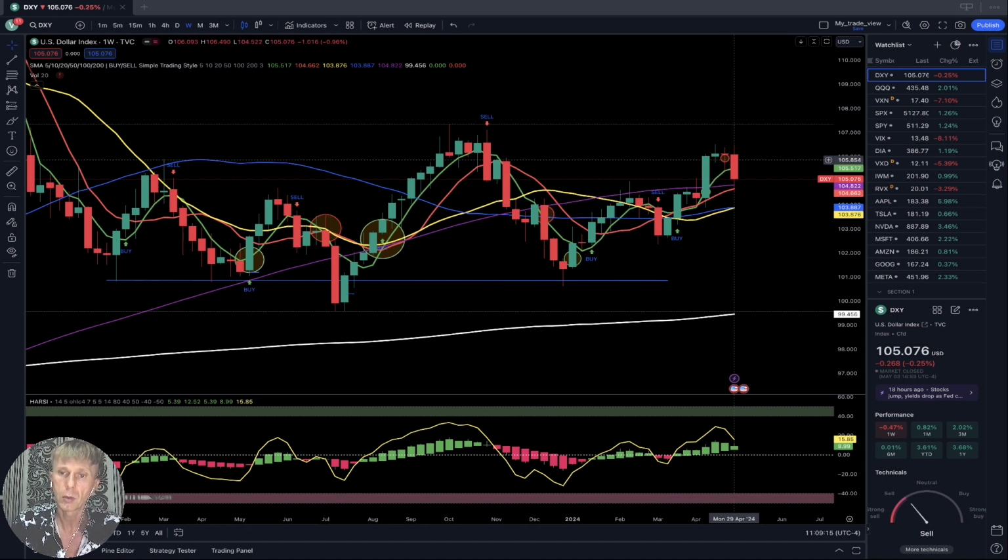It closed below MA5. It did touch the MA10 and 100. It can bounce from there, but it's still above SMA 20 and 50, still in bullish territory, but with a red circle, red bar. Still a bullish dollar. On the weekly time frame, at least, it's still in bullish territory.